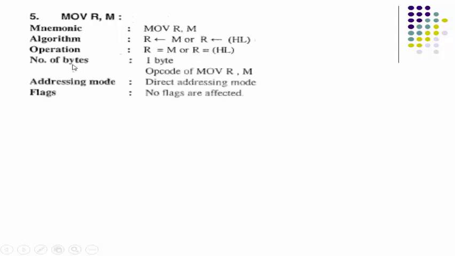The algorithm for MOV R, M is data from memory to register, or data pointed to by HL to the specified register, and after the execution the source memory location content and the destination register are the same.